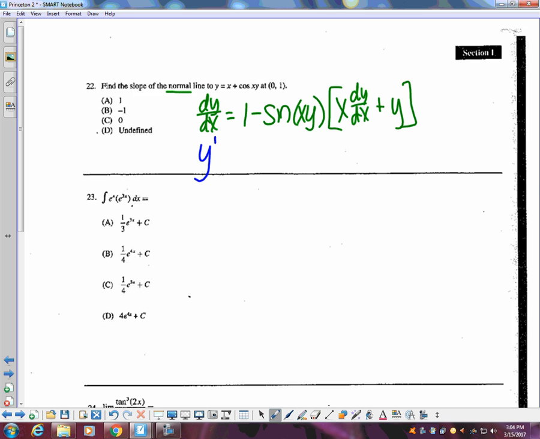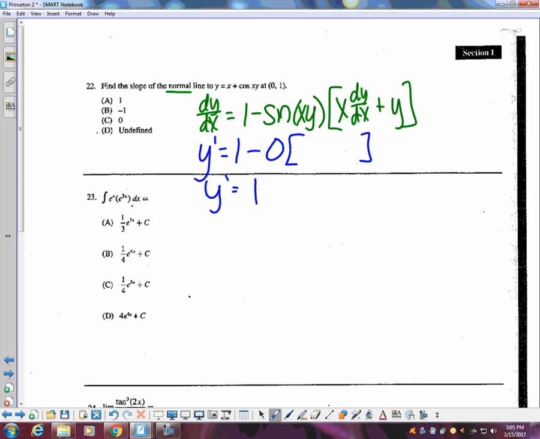Okay, so again, I'm going y prime because, you know. All right, now that would be minus sine of 0. Okay, well, what's sine of 0? What does that do to that whole chunk out there? He's all gone. Love that. So what's your slope? 1. Okay, but that's the slope of the tangent line.